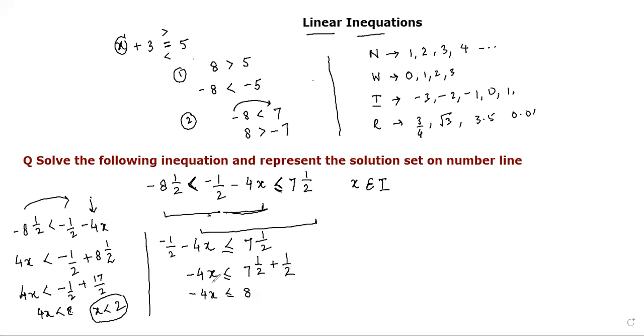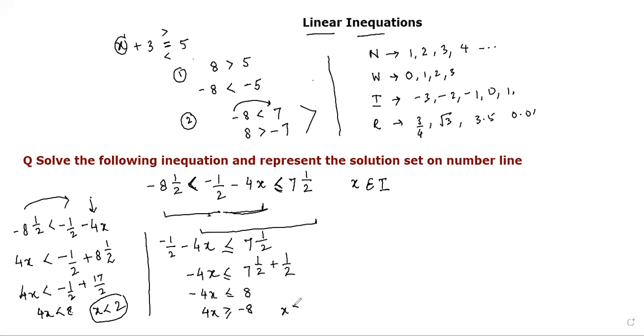And now the second rule which I taught you here is getting applicable. I will throw the minus sign on the other side and see, I will change this inequality sign to greater than equal to minus 8. And now this becomes very simple.